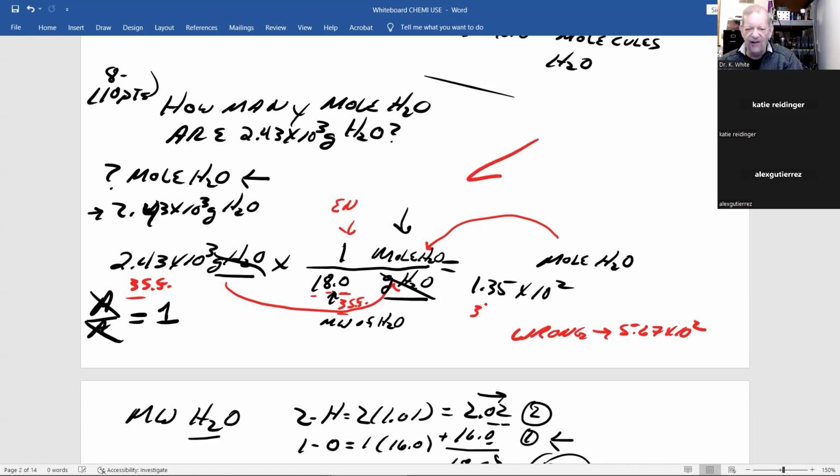If you showed all this work and wrote down this, I'm going to say, oh, you made a math error because you knew what you're doing. You might have pressed the wrong button on your calculator, and I'll take off 1 point. And if it was 8 points, you'd get 7 instead of 0. So it always pays to show your work.